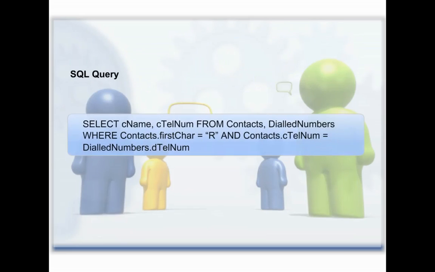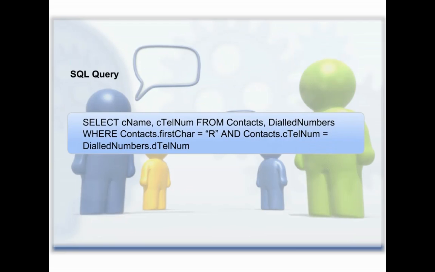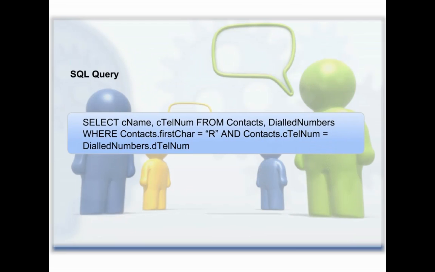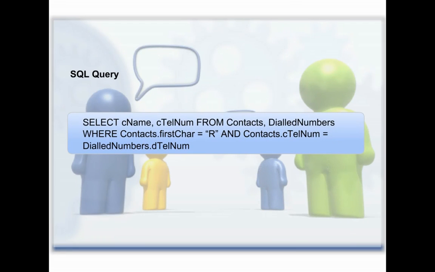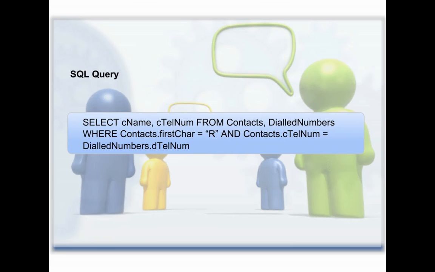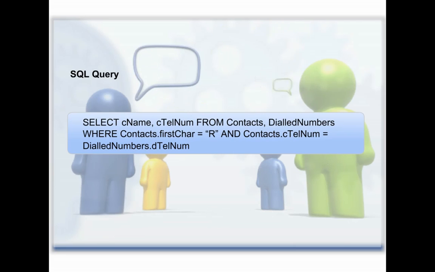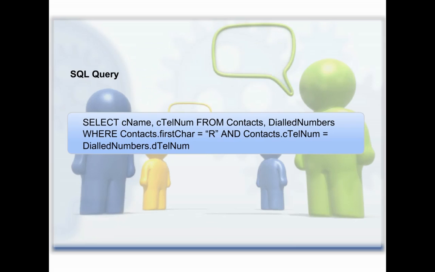SQL query: SELECT CNAME, CTELNUM FROM contacts, dial numbers WHERE contacts.firstCHAR = 'R' AND contacts.CTELNUM = dial numbers.DTELNUM.